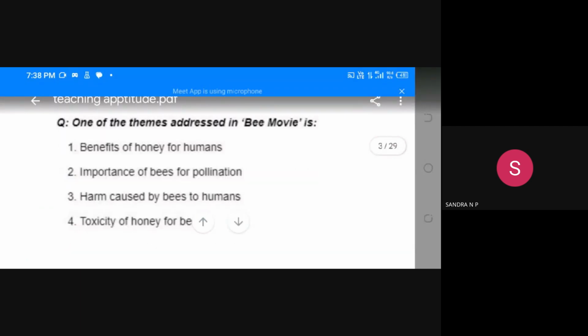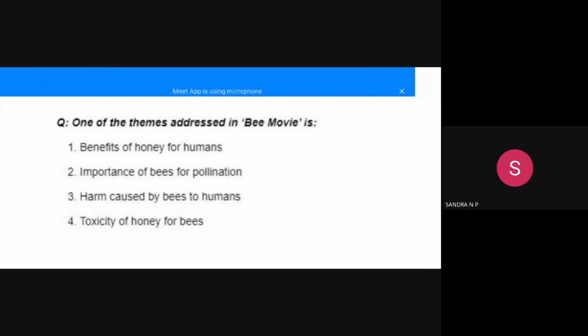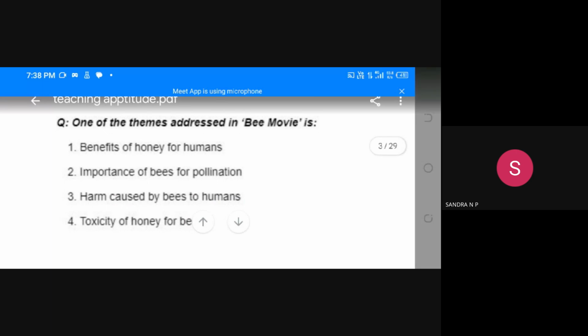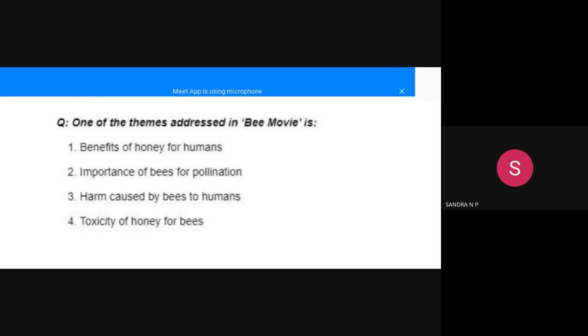Second question: one of the themes addressed in Bee Movie is benefits of honey for humans, importance of bees for pollination, harm caused by bees to humans, toxicity of honey for bees. Actually, when I searched this question on Google, it is a movie, but the theme mentioned in the movie is not among these options.